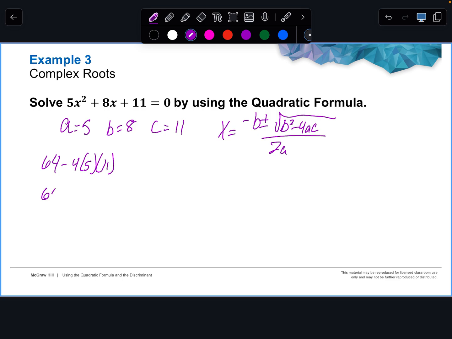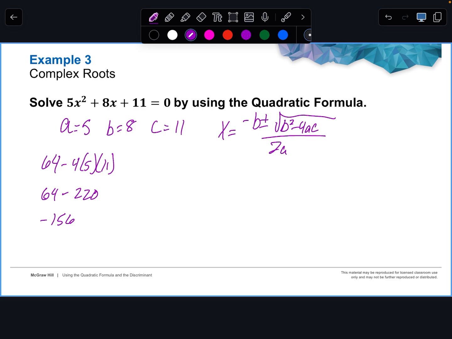So I have 64 minus 220. Is that right? Okay. 64 minus 220 is negative 156. Okay, so that's already, I know I'm going to have what now? An i.